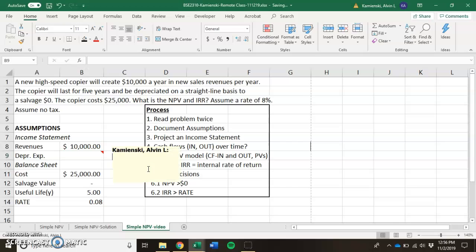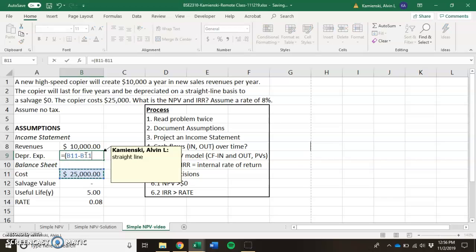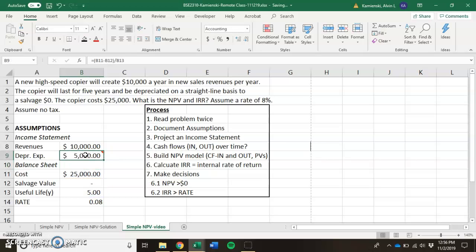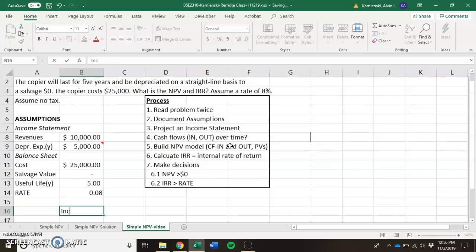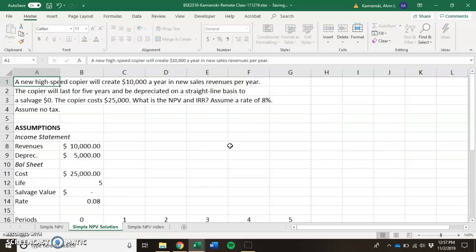Since the problem indicates that we are using straight line depreciation, the formula we will use is the cost minus the salvage value divided by the number of years of useful life, and that will give us our depreciation expense, which also will apply every year. Building out an income statement now, we can make a fairly simple one.